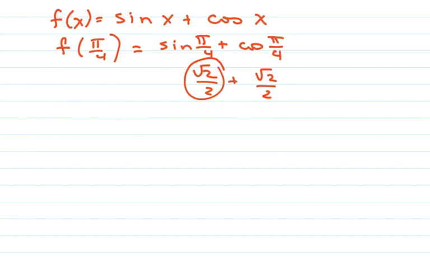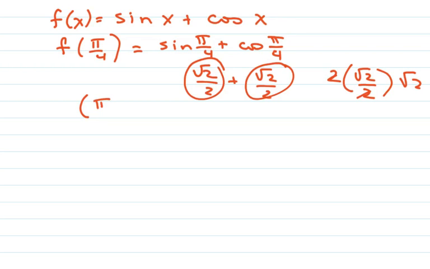We have 2 of these, so 2 times those gives you square root of 2. So at pi over 4, comma, square root of 2, we have a relative maximum.